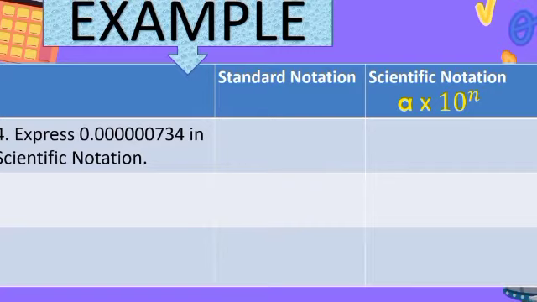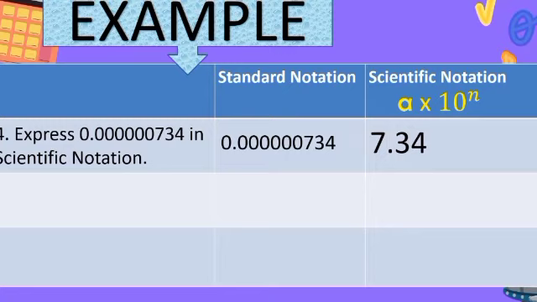Kapag meron na tayong decimal, tapos ang layo ng ating significant digit, ibig sabihin, ito ay small number. So, in standard notation, i-copy lang natin. Then, identify natin ang kanyang significant digits, which is 7, 3, and 4. Ang kukuhain lang natin ay significant digit, which is 7, yung the rest, adapt lang natin.